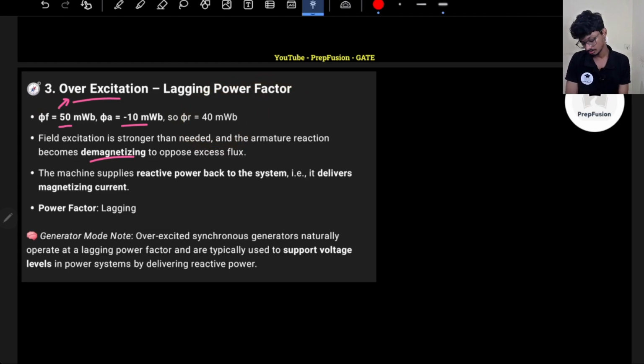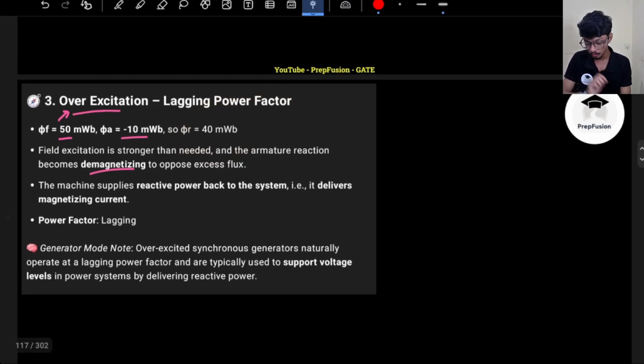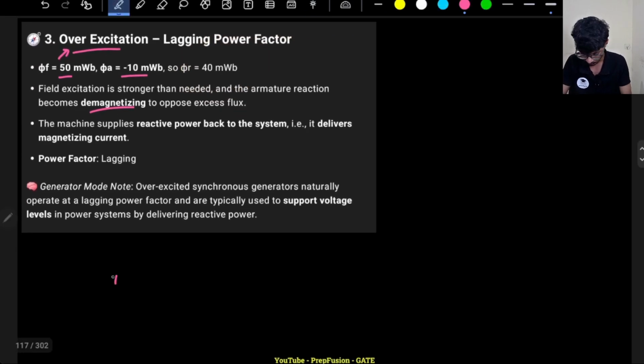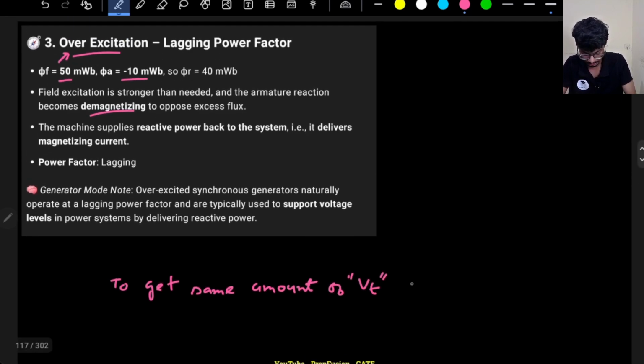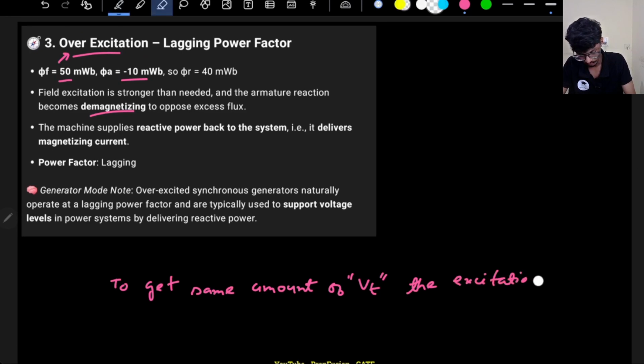So now I hope it is clear that to get the same amount of terminal voltage Vt, the excitation may differ.